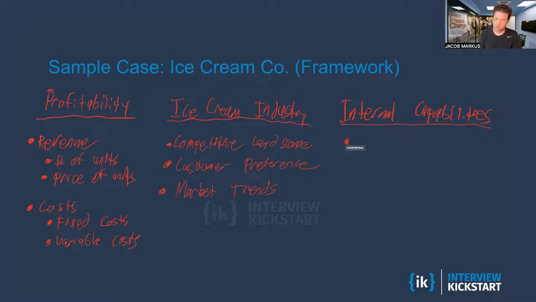Internally, and this is where it seems like whatever's happening is affecting Ice Cream Co. It's not like an industry-wide movement from the initial information there. How does our distribution work? Do we do any of this kind of ride-sharing delivery? What about sales and marketing? That's always a good one, right? Are we getting our name out there?